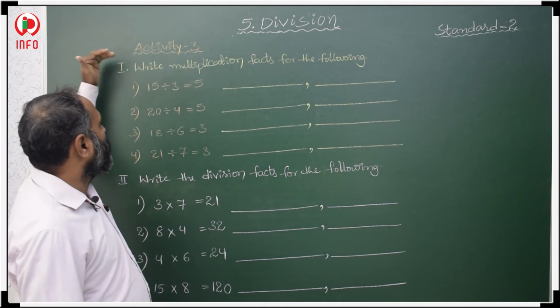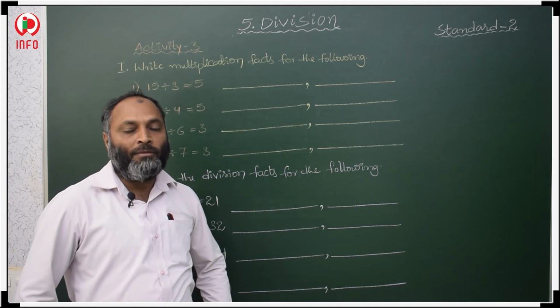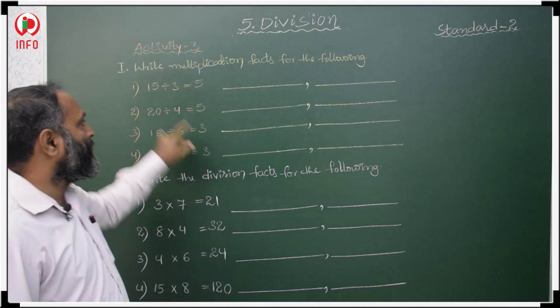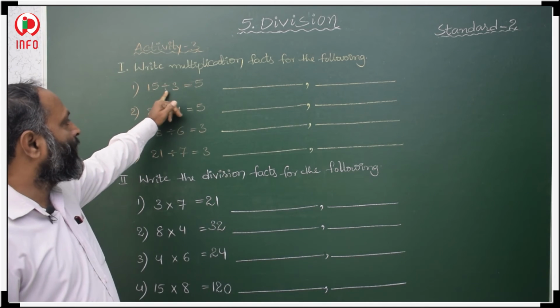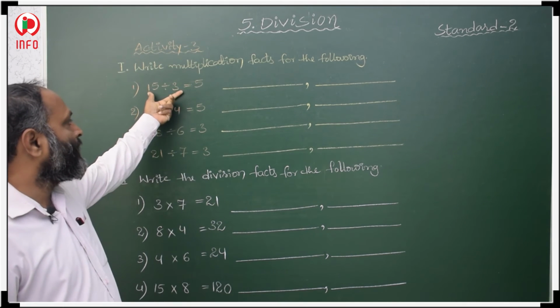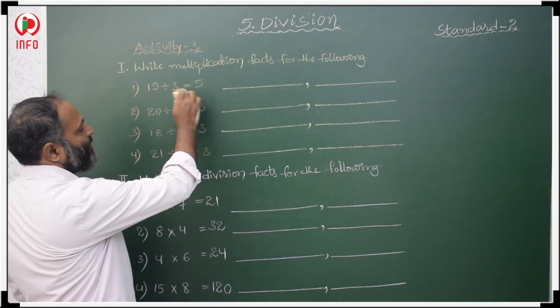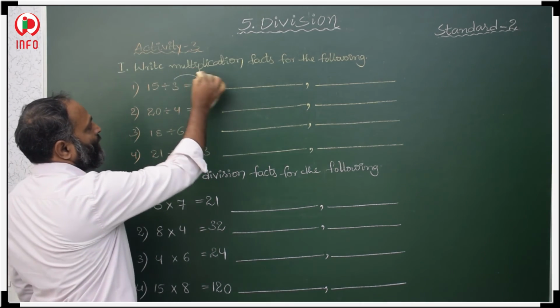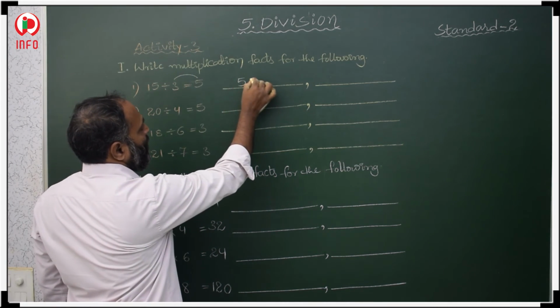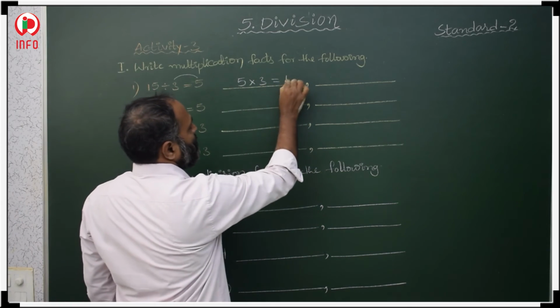Now, activity 3. In this activity, we have to write multiplication facts of the following. Here a division fact is given: 15 divided by 3 is 5. Using this division fact, how do we write the multiplication fact? It is very easy. In division we multiply these two: 5 into 3 is equal to 15.